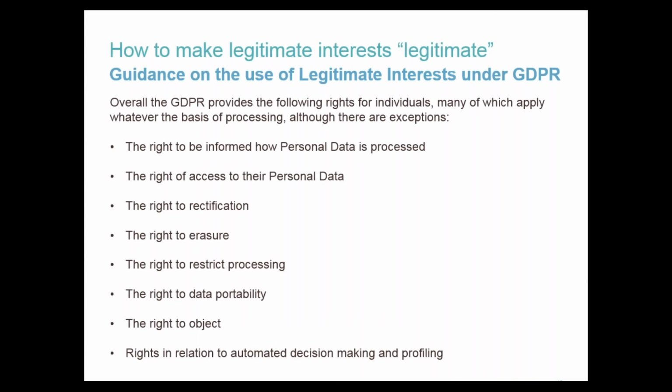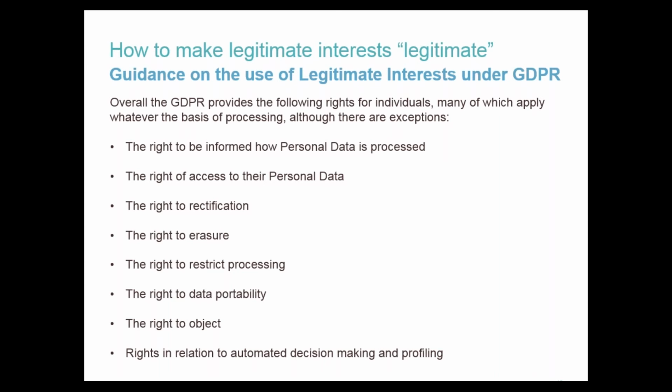we mustn't forget that individuals have rights and have a right to understand how you are dealing with their data and the basis on which you are processing it. So, just by way of reminder, here's all the things that an individual can exercise their rights on.